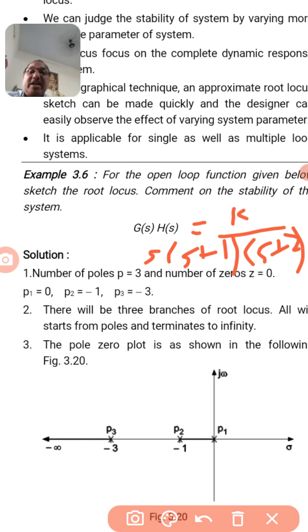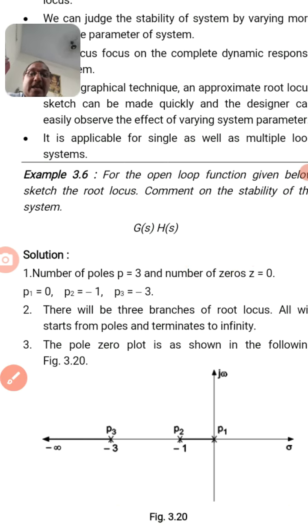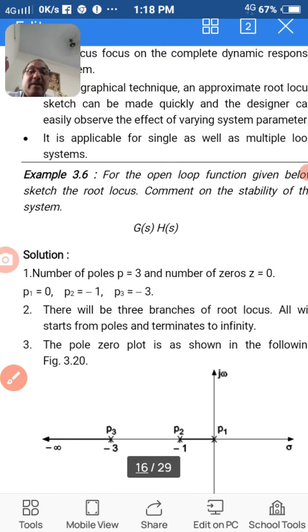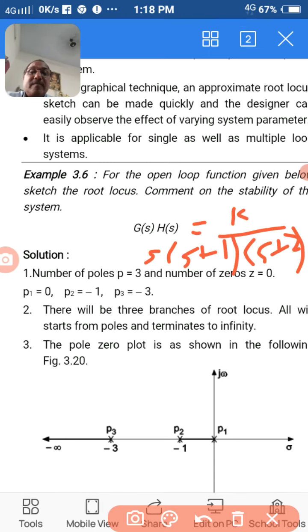The problem is like this; let me write the problem. If this is the equation, then the number of poles is 3 and the number of zeros in the above equation is 0. That means as there is only K in the numerator, this is the characteristic equation that I have written. So the poles are 3 in the denominator: s equal to 0, s equal to minus 1 and s equal to minus 2.